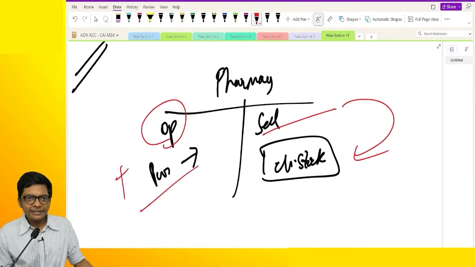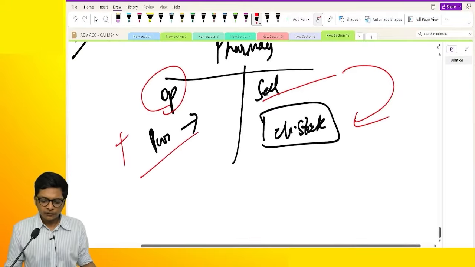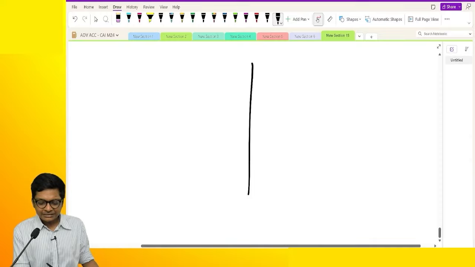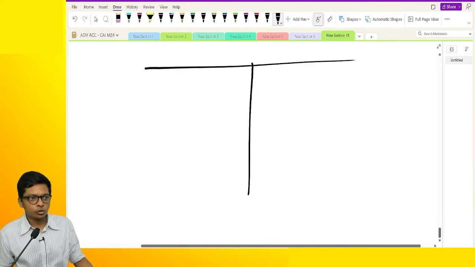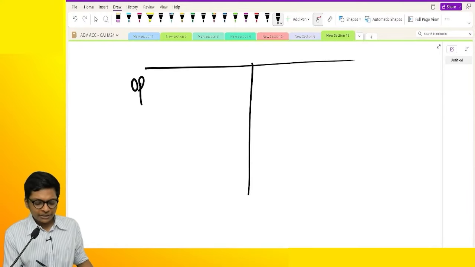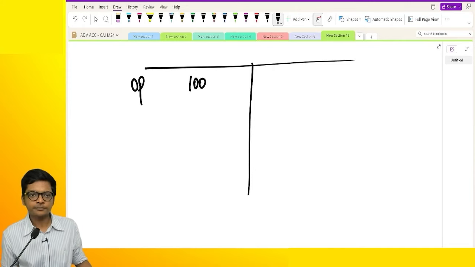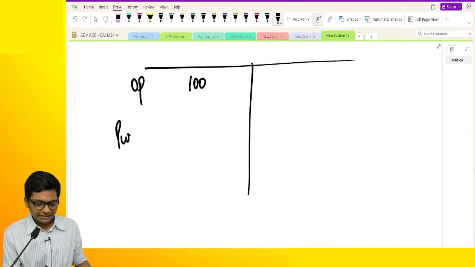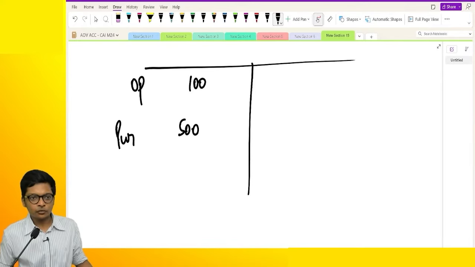But will it actually be the same? For example, let's take an Apple iPhone store. Opening stock they had 100 iPhones. Purchase they made 500 iPhones.